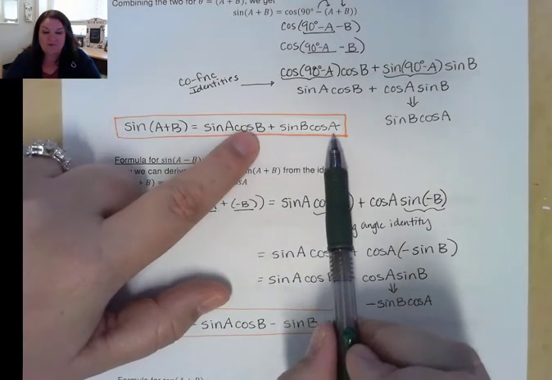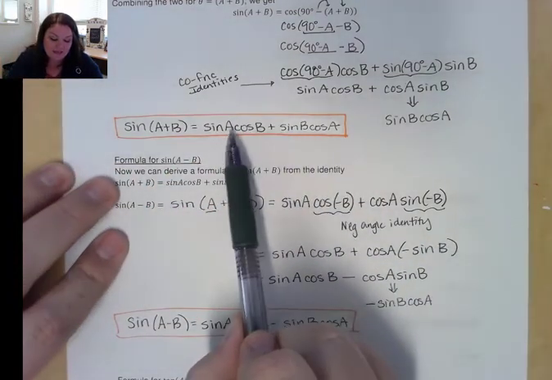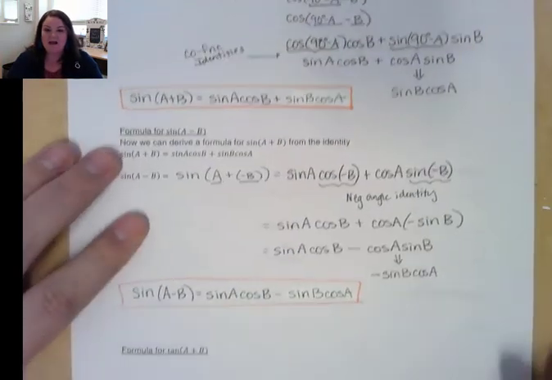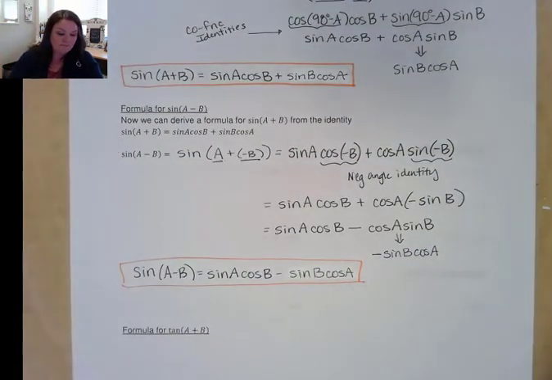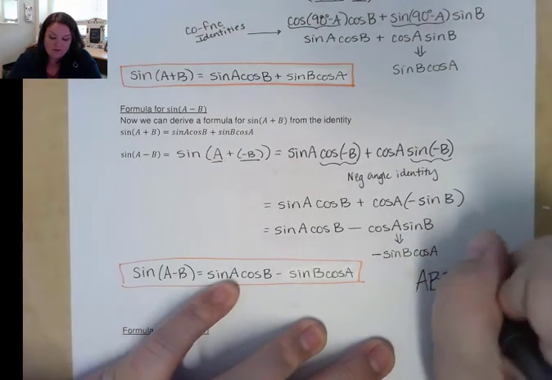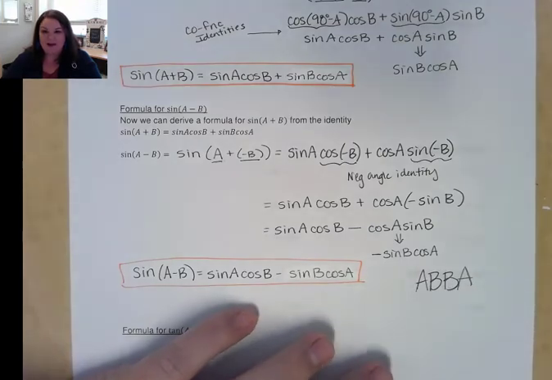We do the second angle first and then the first. So the way that I remember that is I take these big capital A, B, B, A, and I'm going to remember ABBA. A, B, B, A. Okay, ABBA.